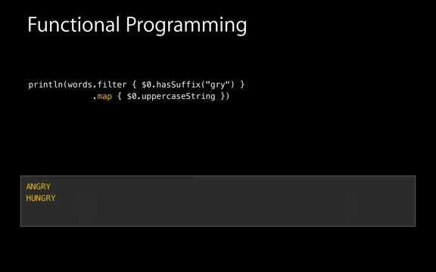We can then transform these with the map method, which applies a closure to each element and collects the results into another array. And then we can use the reduce method to fold these into a single string. Now, each of these is chaining another method call onto the result of the previous expression.